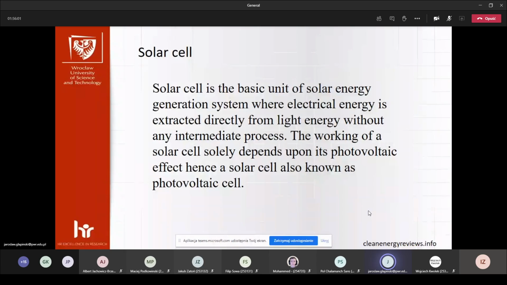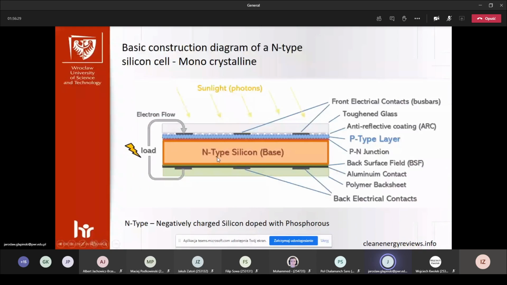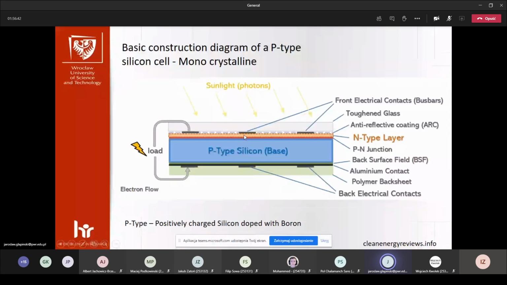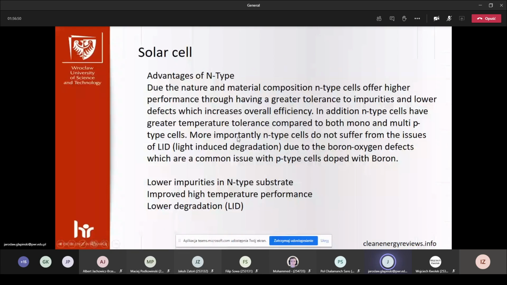In fact, it is a combination of P and N materials in different constructions, monocrystals or semicrystals, so we can produce different elements. This is N-type silicon, with a P layer here and an N layer here, or the opposite. We can use monocrystal elements, so we can produce different kinds of solar cells using the same principle as in the photodiode.